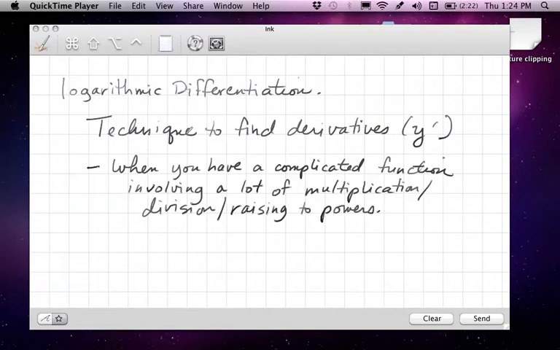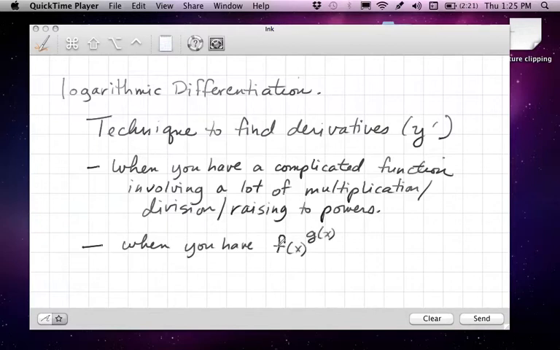So this technique, logarithmic differentiation, if you have a very complicated function that has a lot of multiplication and division and raising to powers, it's a way to bypass having to use the quotient rule or the product rule. The other one is when you have a function raised to another function.